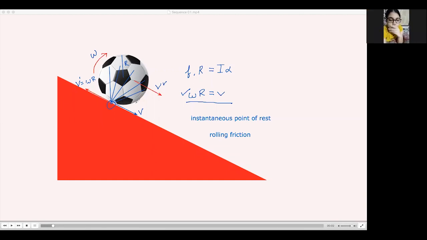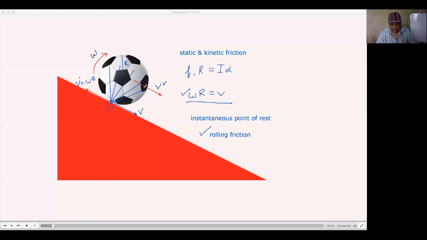So that friction would classify as something new. It's called rolling friction. But if I were to force you into saying that you only know two types of frictional force, static and kinetic friction, and I don't want you to accept rolling friction for now, which one would you choose?